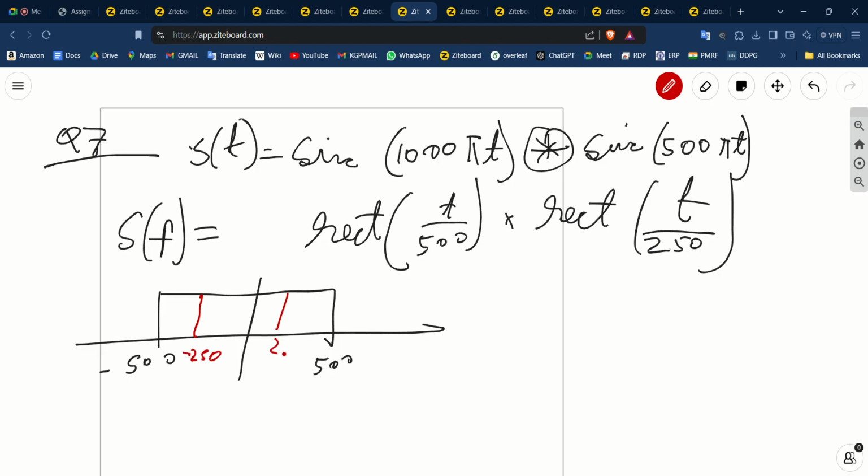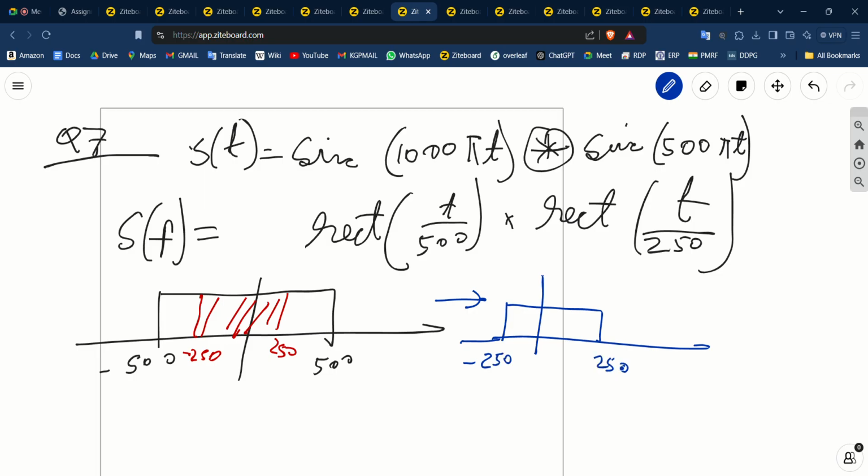So if you multiply two signals whose only common area is this, the resultant will be something like this, which will only exist between 250 and minus 250, because between minus 250 and 250 they are both 1, while outside 250 to minus 250 one is unity, another is 0, so the product is 0.